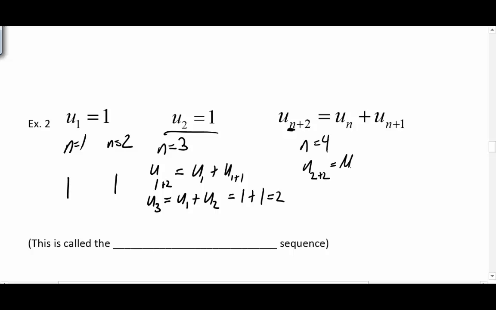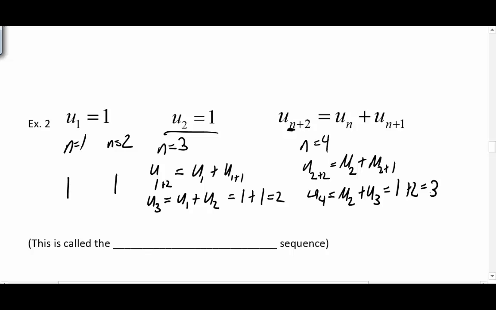So that would be u of 2 plus 2, plus u of 2 plus 1. Translating that out, the fourth number is the second number plus the third number. What was the second number? The second number was 1, and the third number was 2. So that puts that at 3.